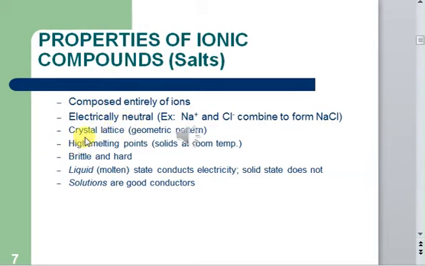Further, ionic compounds have very high melting points, so they are normally solid at room temperature. They are brittle and hard. What do we mean by brittle? Brittle is a thing that, when it breaks, it shatters. Anything which shatters is called brittle.